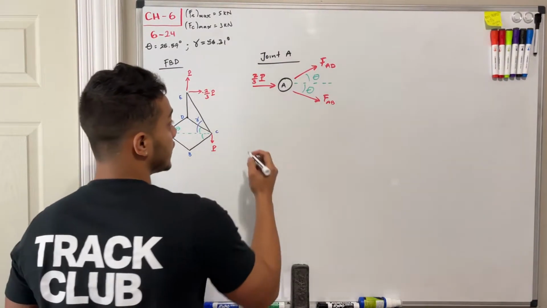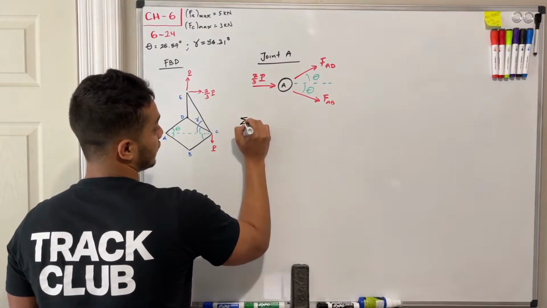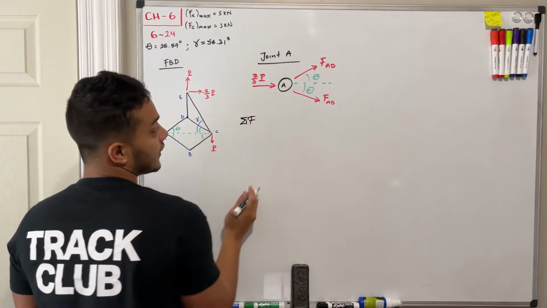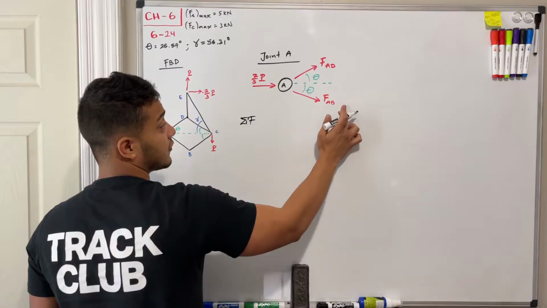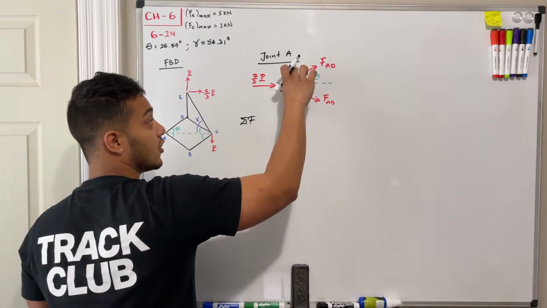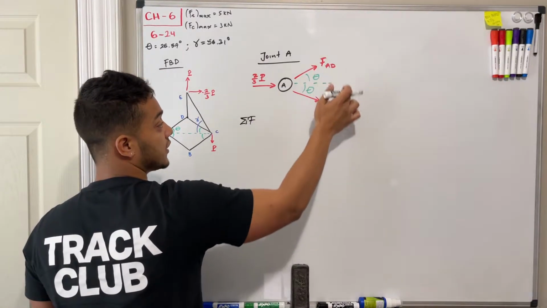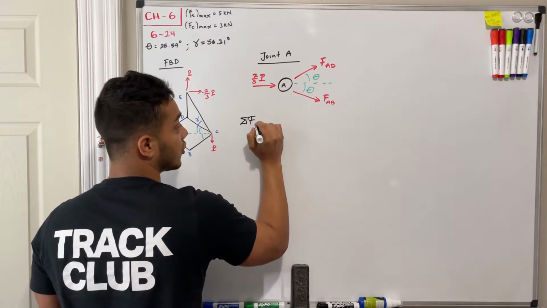So we're going to start doing the summatory of forces. Now I'm going to start doing the summatory of forces in the y direction so I can know how these two relate to each other.